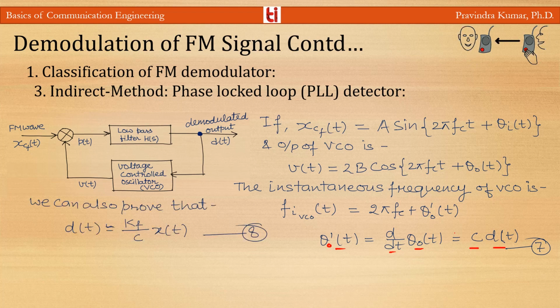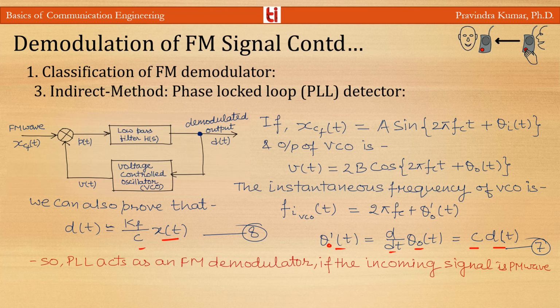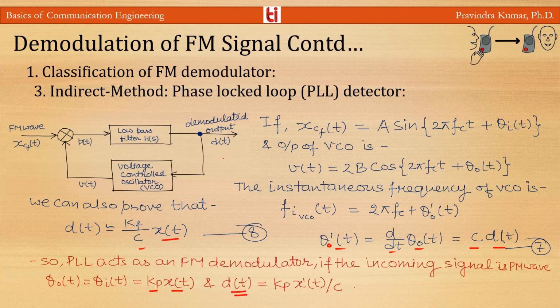You can also prove that d(t) is equal to kf/C times x(t). So the PLL acts as an FM demodulator. If the incoming signal is a PM wave, θ0(t) is equal to θi(t), which is kp x(t), and here d(t) is equal to kp x'(t)/C. In this case, we need to integrate d(t) to obtain the desired signal.